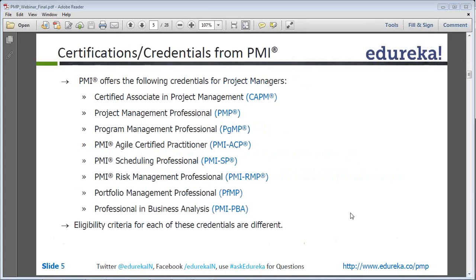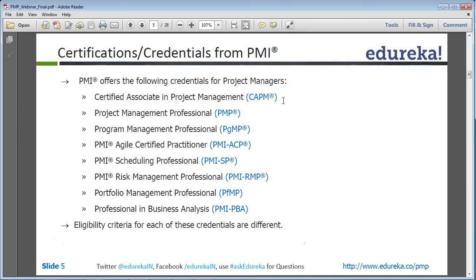Now there are many certifications which are available from PMI, like we have the CAPM, which is the easier version of PMP. It is also based on PMBOK. Generally, people who are not eligible to sit for the PMP exam can sit for the CAPM exam. PMP, we all know, is Project Management Professional. Then we have PgMP, which is Program Management Professional, for program managers.